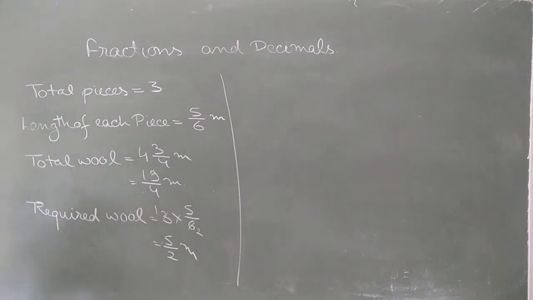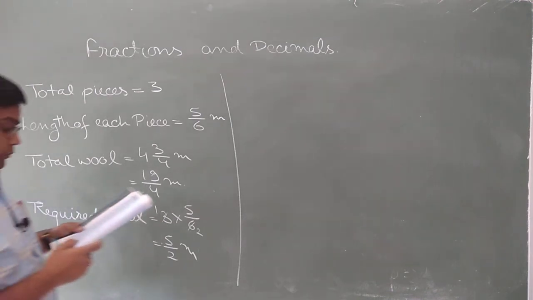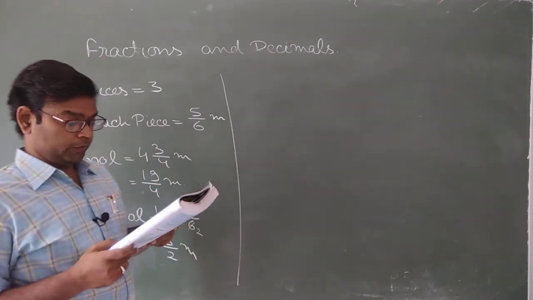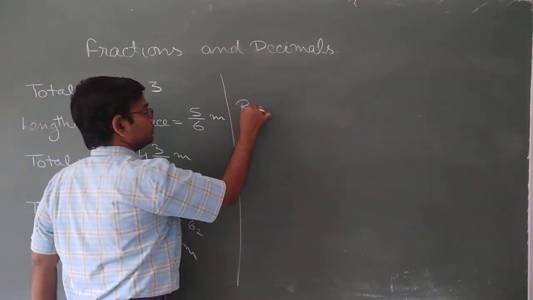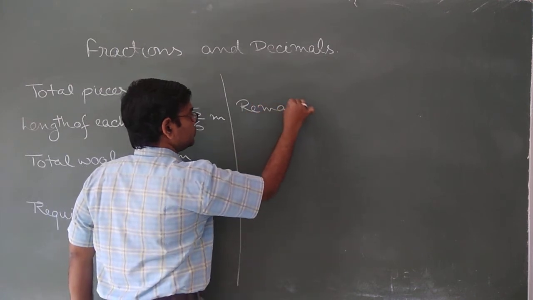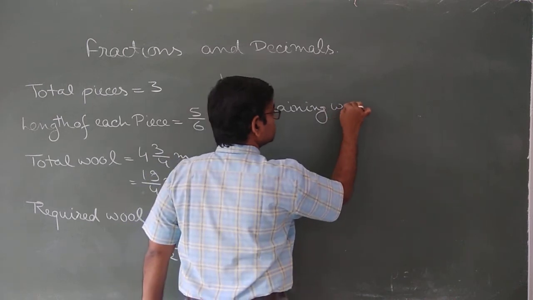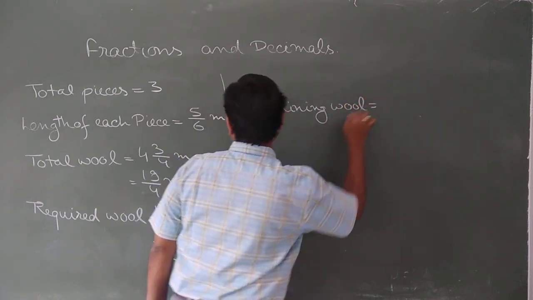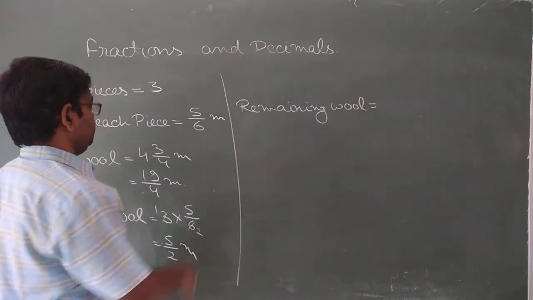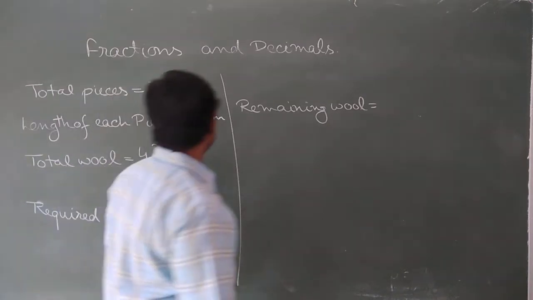Now required wool is 5 upon 2 meter. If we have this much wool, then how much wool did she have left over? Remaining wool equals total wool minus used wool.